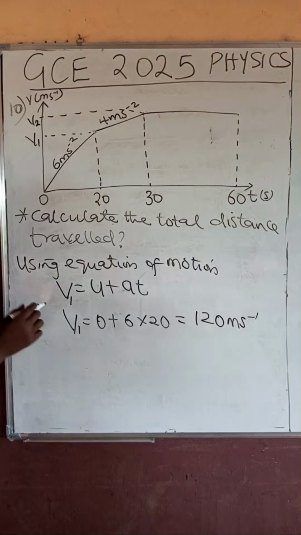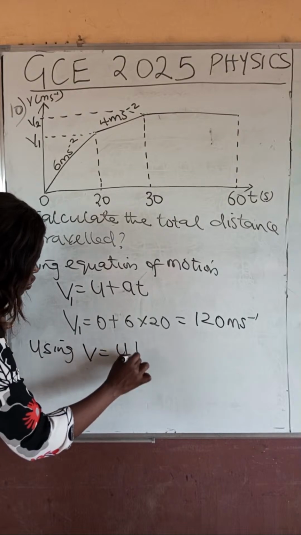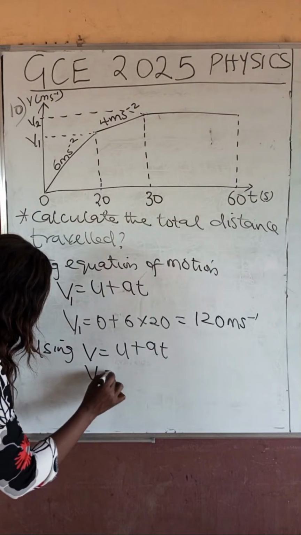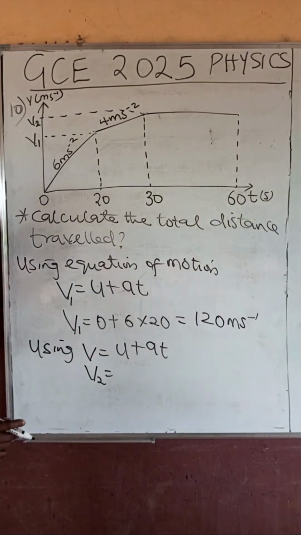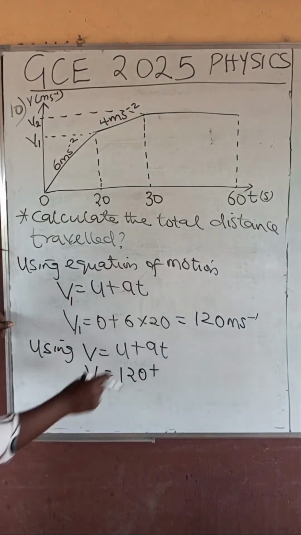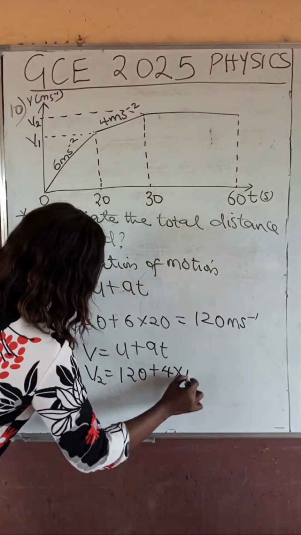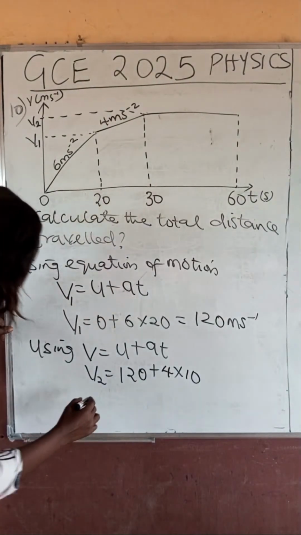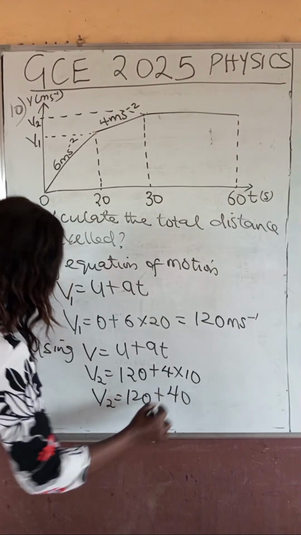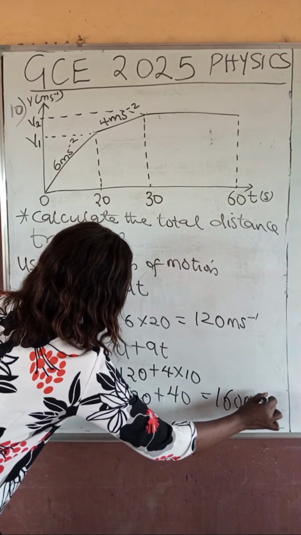So using the same equation of motion, V is equal to U plus AT, I'm looking for V2, which is equal to my initial velocity V1, which is 120, plus my acceleration 4 multiplied by my time 10. So V2 is equal to 120 plus 40, and my answer is 160 meters per second.